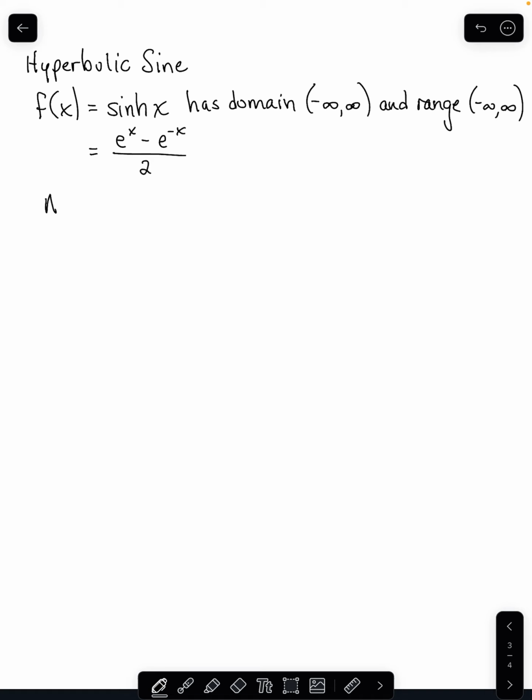So, like before, as x approaches positive infinity, e to the x will approach infinity, and e to the negative x will approach 0. But because of the subtraction, this will approach e to the x over 2, but it will approach it from below.